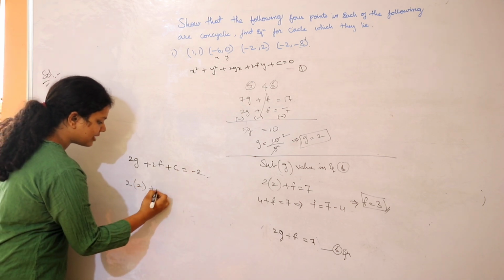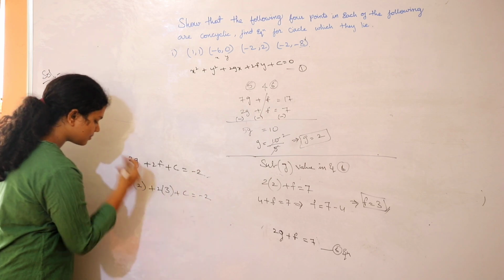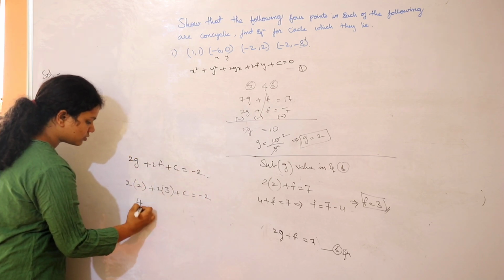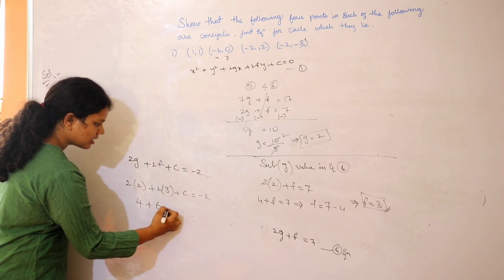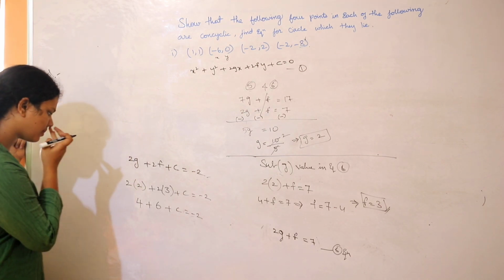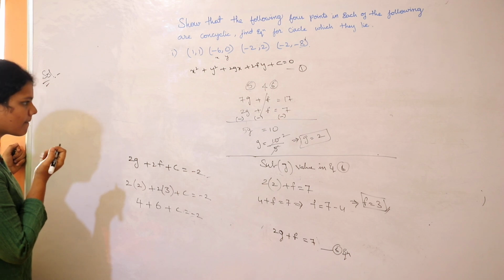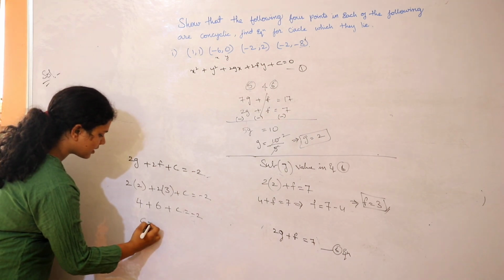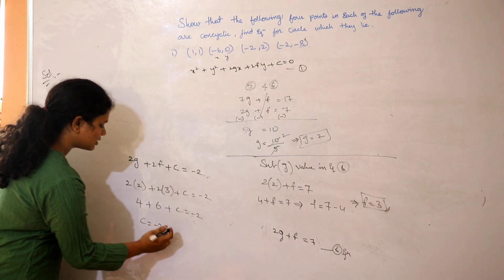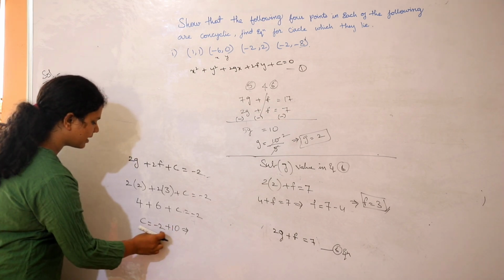G is 2 plus 2, F means 3, plus C equals minus 2. This is 4 plus 6 plus C equals minus 2. Is this true? Let me write. 6 plus 4, how much is 10, right?